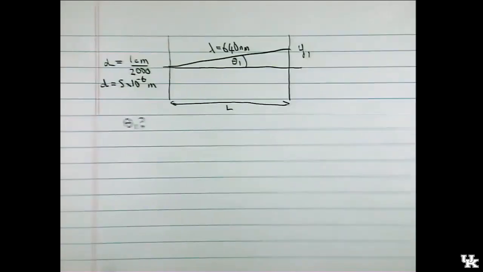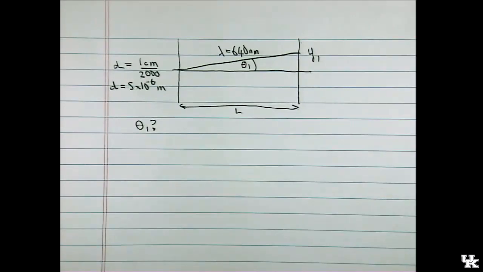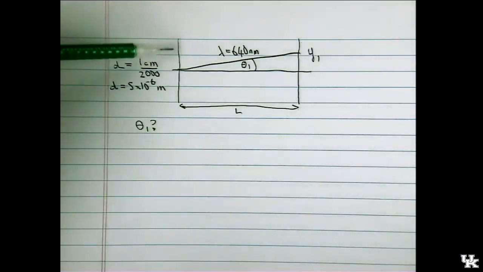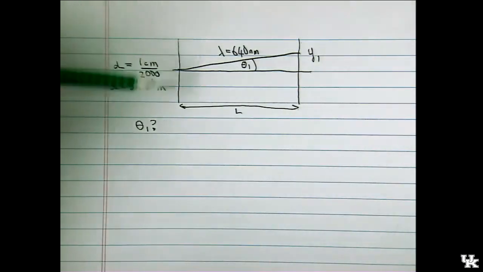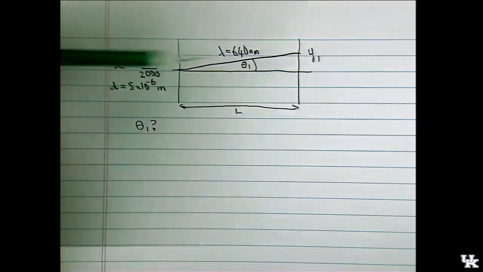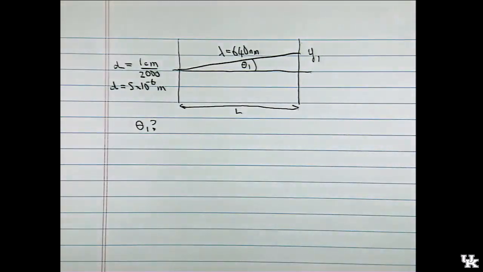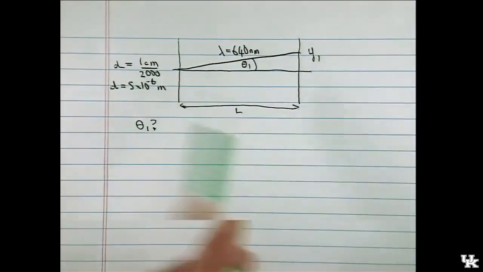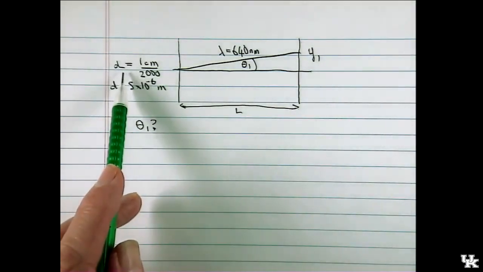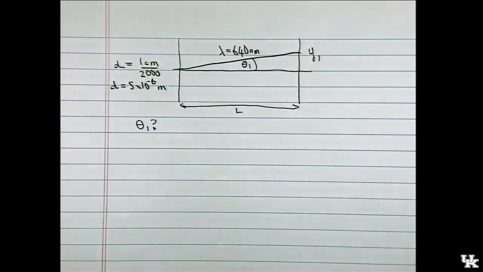Okay, so here we are, and of course, like any physics problem, I'll make a nice diagram of the physics problem. Over here on the left is the diffraction grating, standing vertically. Over here on the right is the screen, standing vertically. The diffraction grating, we were told, was 2,000 lines, 2,000 slits per centimeter.